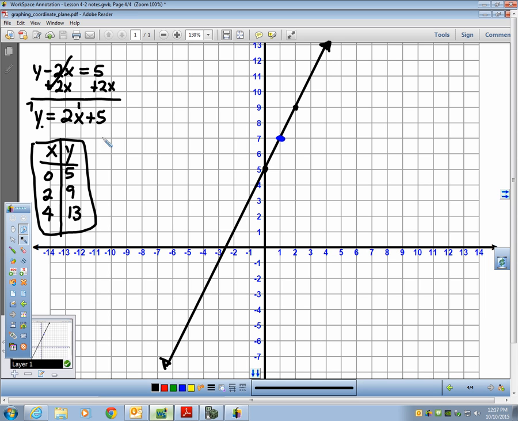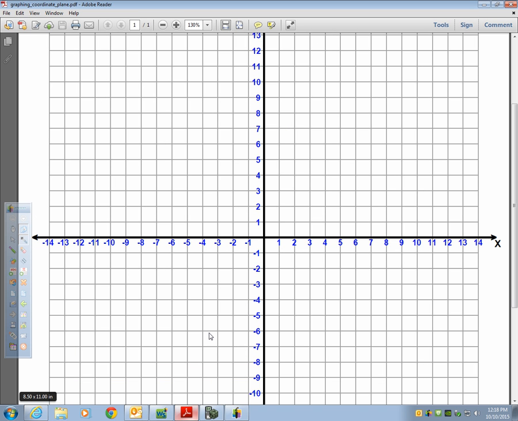Okay? Let's do one more, and then I think I'm going to stop the video. Actually, I got to do more than one more. Look on page 217. There's a couple special situations, horizontal and vertical lines. Look at the top of the page.